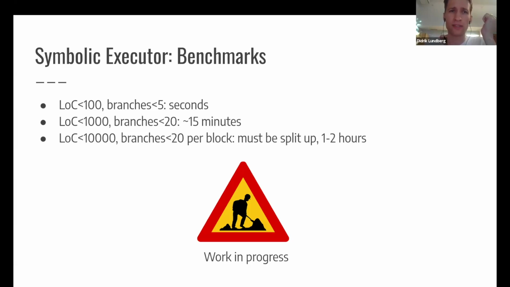The performance is still the aspect of the symbolic executor that could be improved further. So yeah, here are some examples of rough estimates of the performance of the symbolic executor.